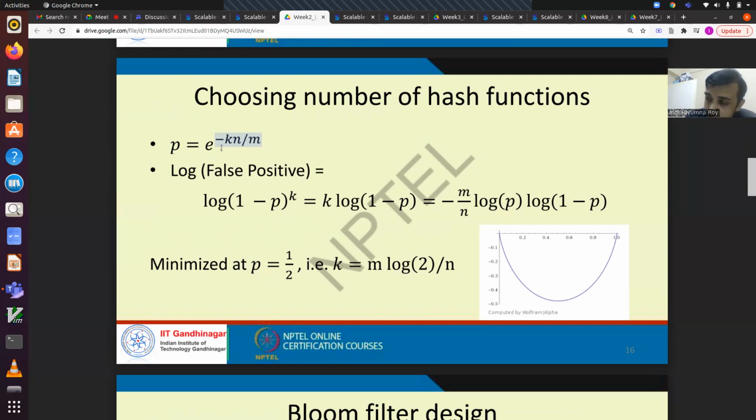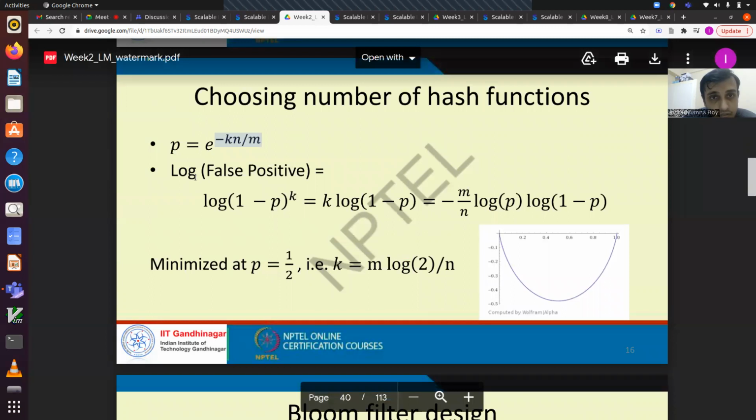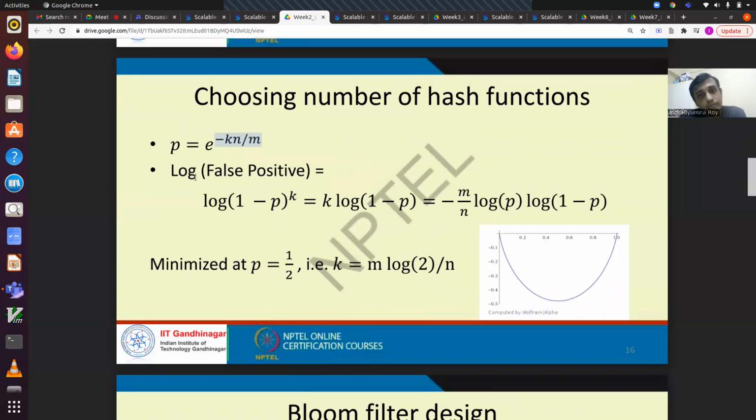So sir, we can take log on both sides and find K. That's what we are doing in this next step, log of the false positive. So log E equals 1. Minus K upon M log E. Log E is 1. Fine.